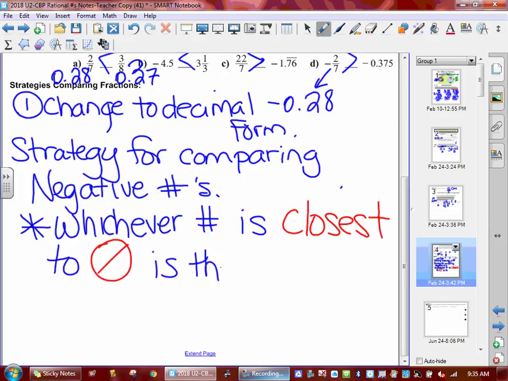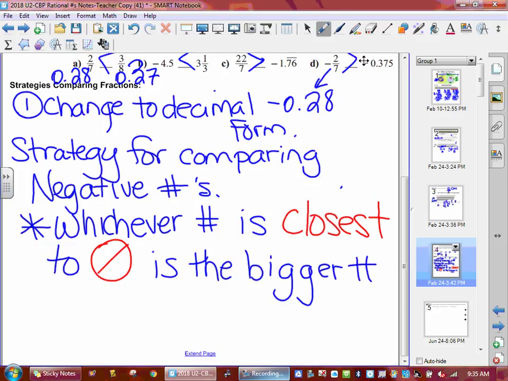Okay, so that's super important. When you compare negative numbers, whichever number is closest to 0 is the bigger number. Okay? Bigger in terms of on the number line, who is larger.